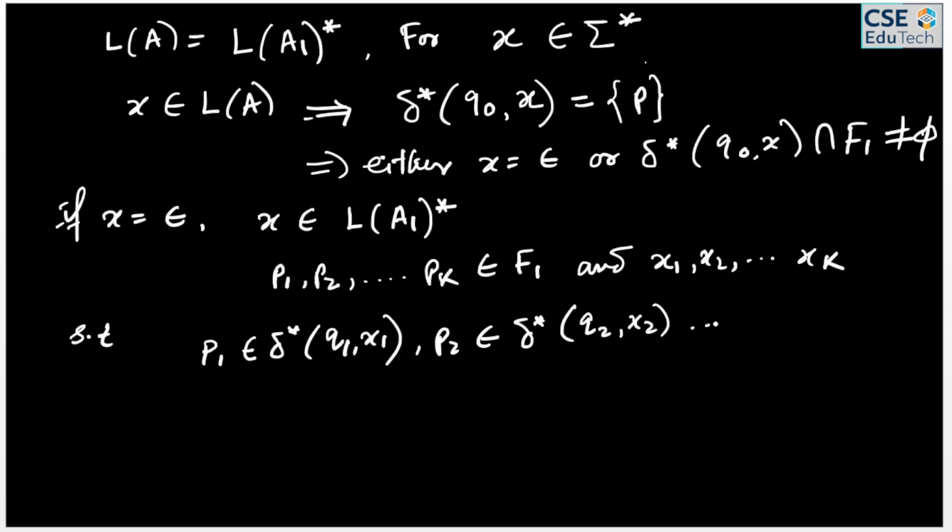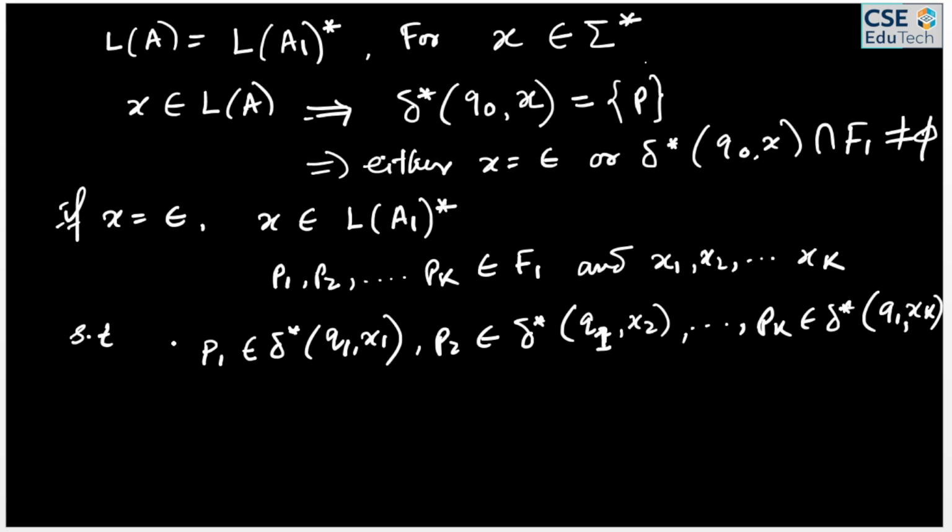In this way, Pk belongs to delta star of q1 and xk. Because there are some states P1, P2, up to Pk which belong to the final states of automaton A1, and some strings x1, x2, up to xk.